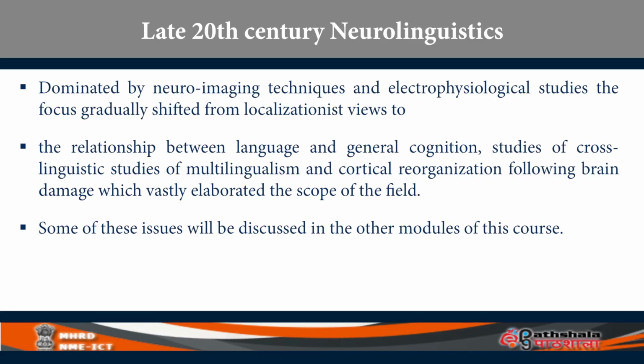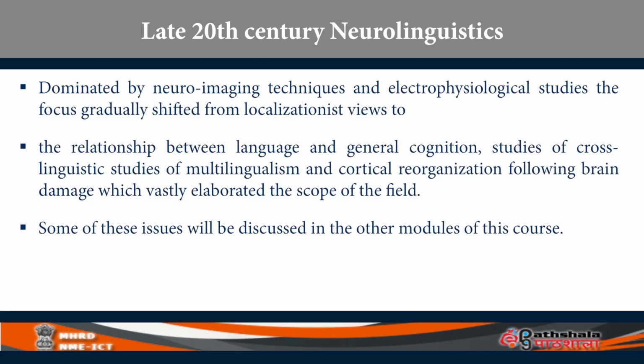emerging to say that we cannot separate language from general cognition, that there is a relationship between general cognition and language. This consensus, which is still emerging, was made possible due to a number of cross-linguistic studies involving multilingual patients, not just English-speaking patients, and also studies of cortical reorganization that happens inside the brain after you have had brain damage and you are recovering.